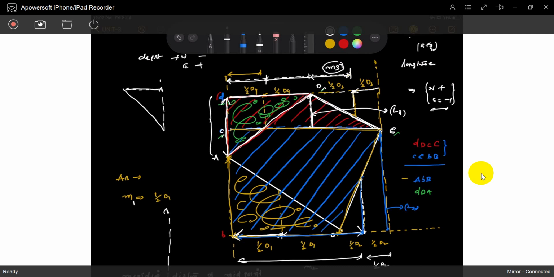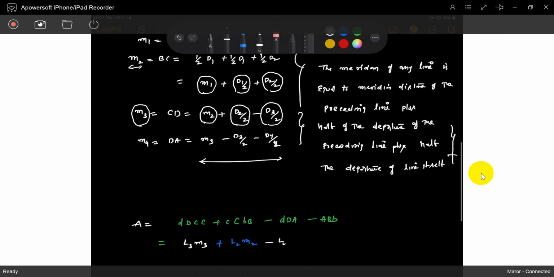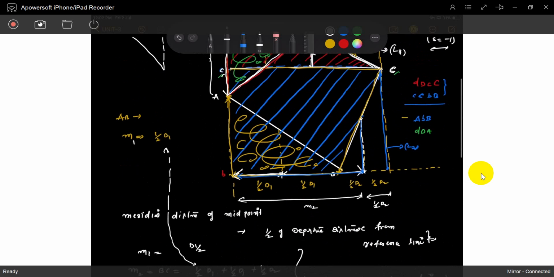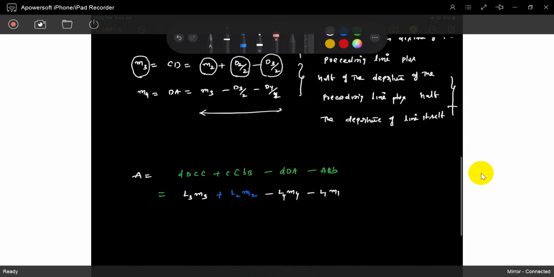Understood? Exactly this distance. We write the triangle area as half into breadth into length, and we have already taken the half length. So we can write it as L4 M4. Same thing, ABB gives L1 M1.